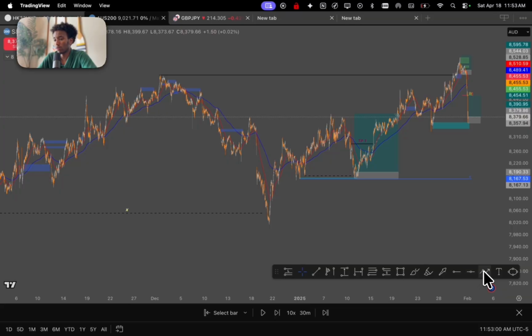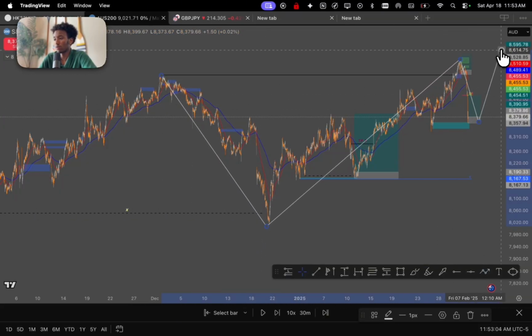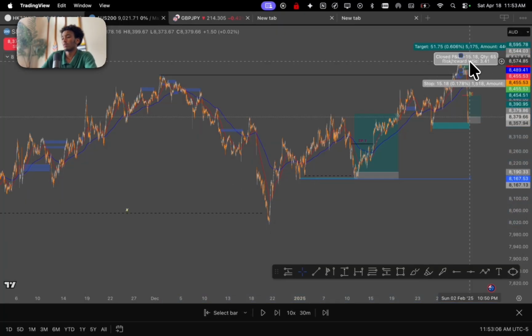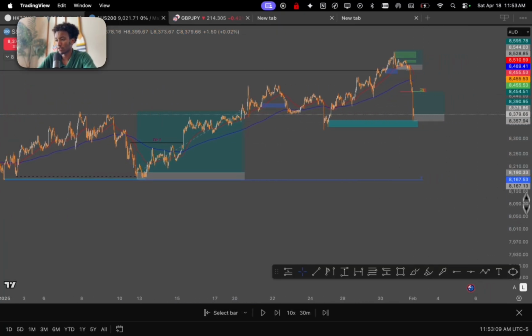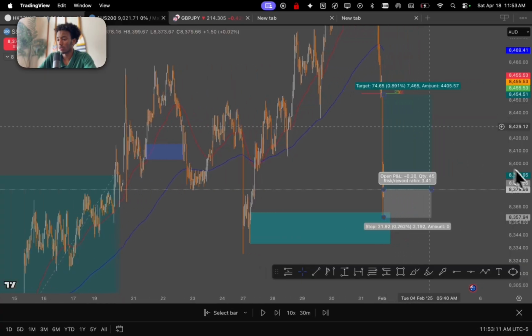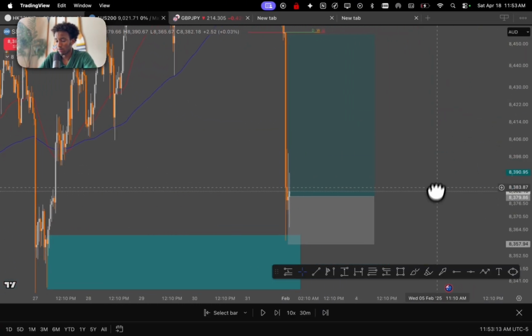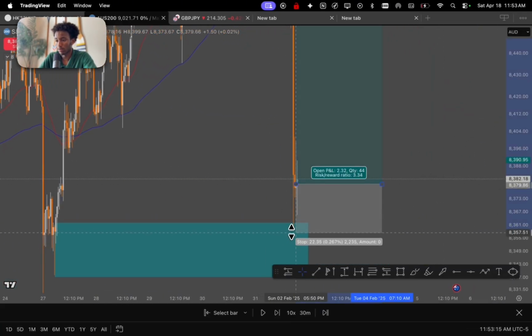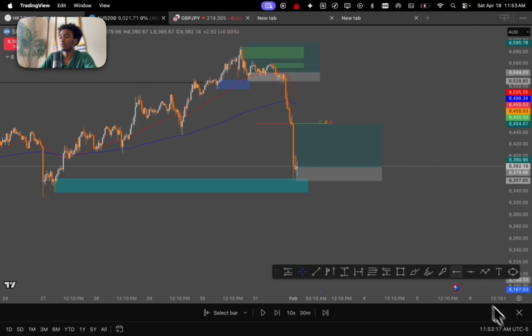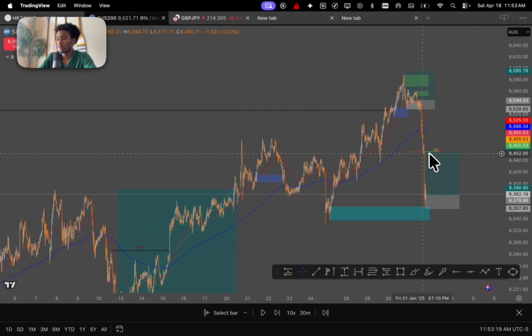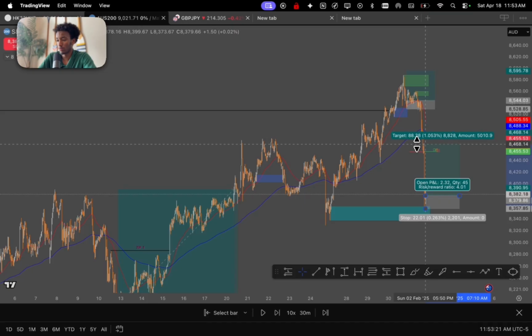I can see this is the market flow. In my opinion, I'll take this. No problem. We just have liquidity right down there, and then TP1 at 1 to 4.